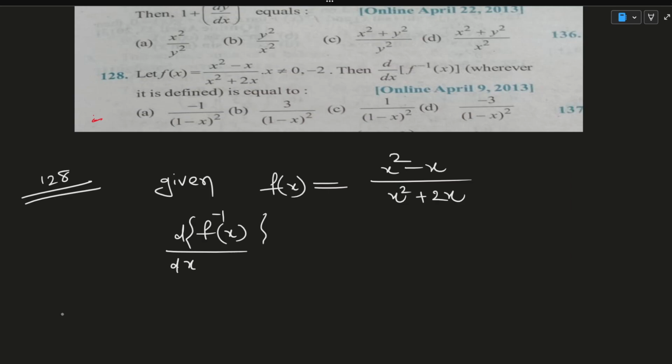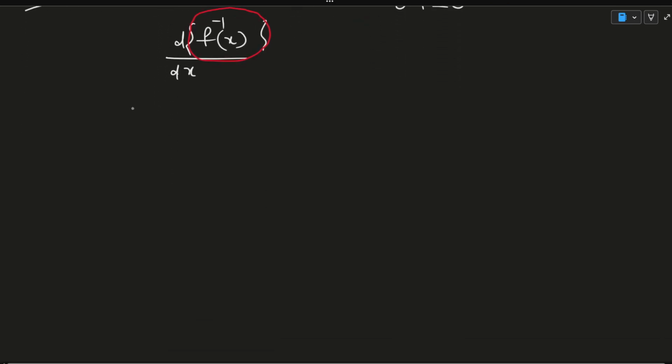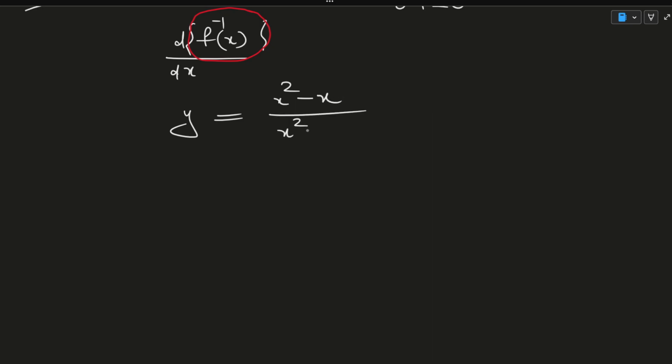So before evaluating this one, we have to evaluate the inverse of f of x, that is f inverse of x. Okay, so the procedure to evaluate the inverse of a function is to take it equal to y. So I am writing y equal to (x square minus x) divided by (x square plus 2x).